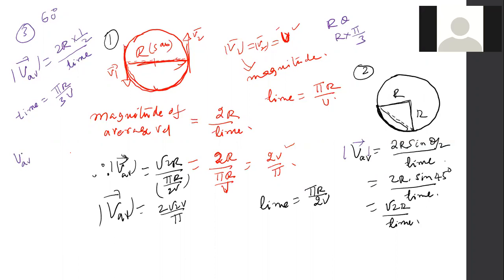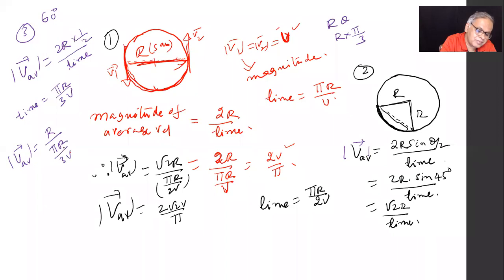Average velocity will be r divided by pi r by 3v. So what am I getting now? 3v by pi. Third one. We can just multiply this with 2 for 120 degrees.